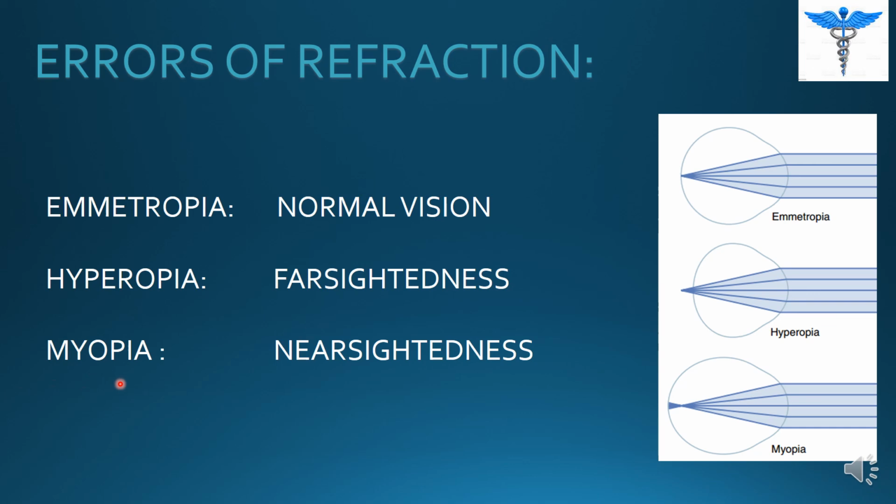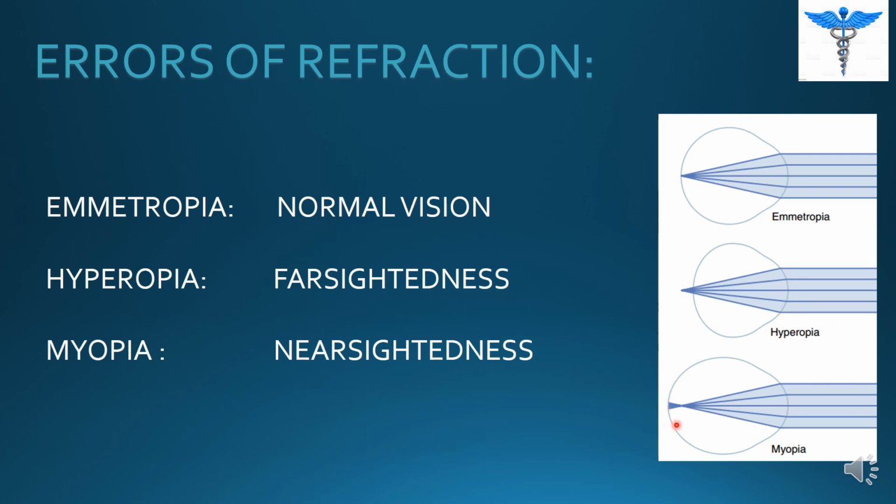Now the other is myopia, meaning nearsightedness. In this, the person is able to see near objects but he is unable to see far objects. It also may be caused because of two reasons. Either the eyeball will be too large, right? If the eyeball is too large, what will happen?